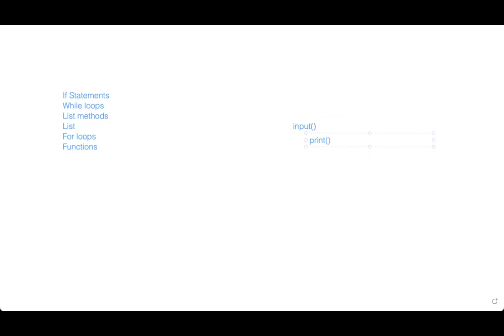The input function expects something from the user. The print shows something to the user, so it's an output. One is input, the print is the output in Python. And we looked at some variables and all.